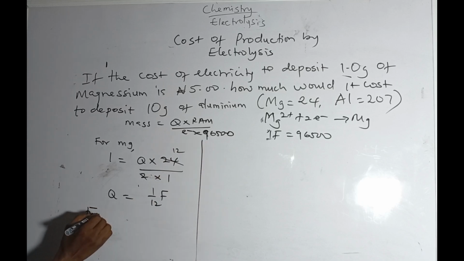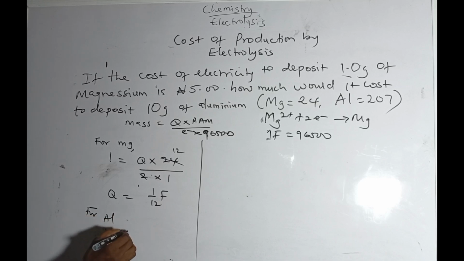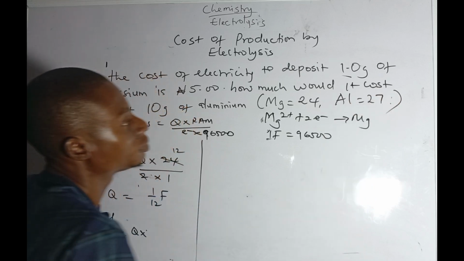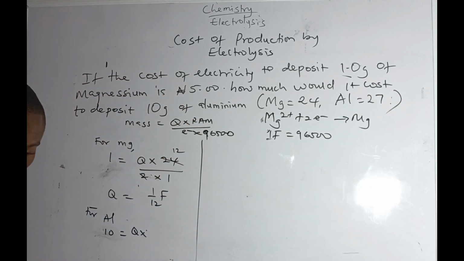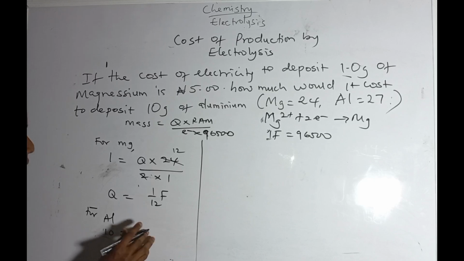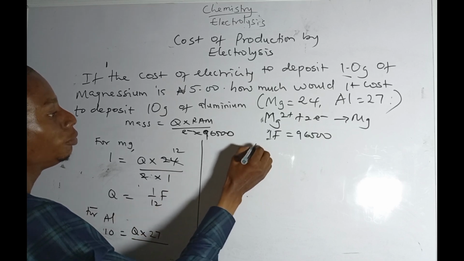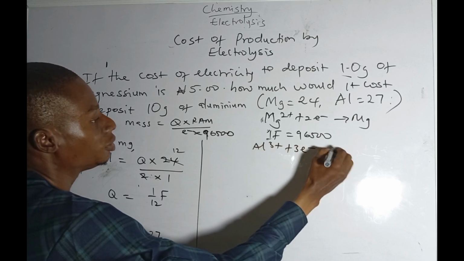For aluminium now, the mass of aluminium is 10. So 10 equals Q times 27 over the electron change of aluminium. Aluminium is Al3 plus plus 3e minus gives Al.